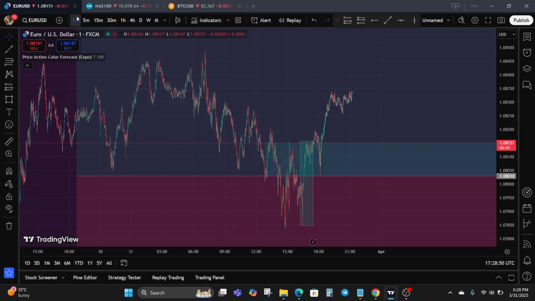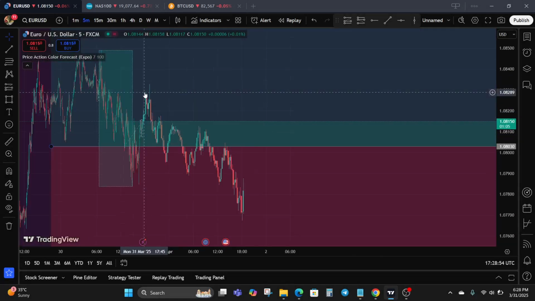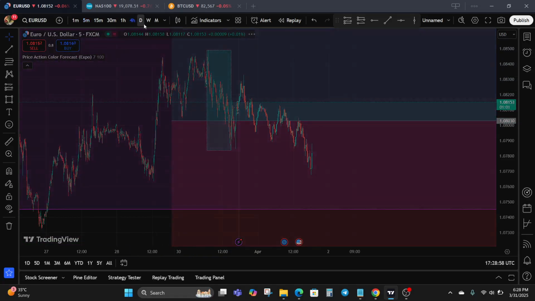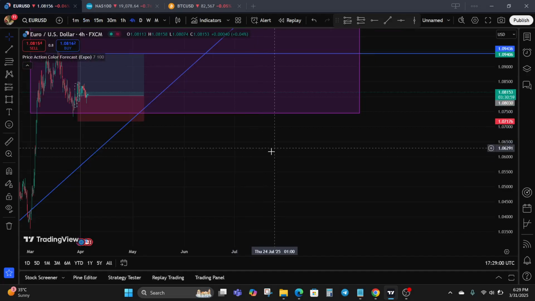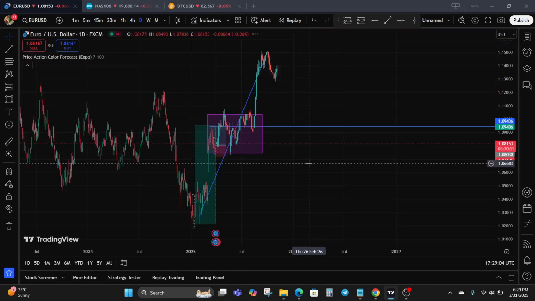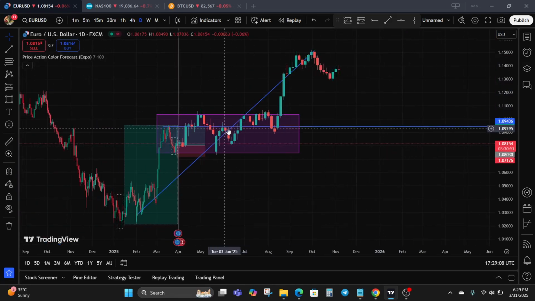If you're a day trader, you can use higher time frames like 4 hours, or even the daily time frame for trend trading. But ensure you always combine this indicator with support and resistance. It's very important.